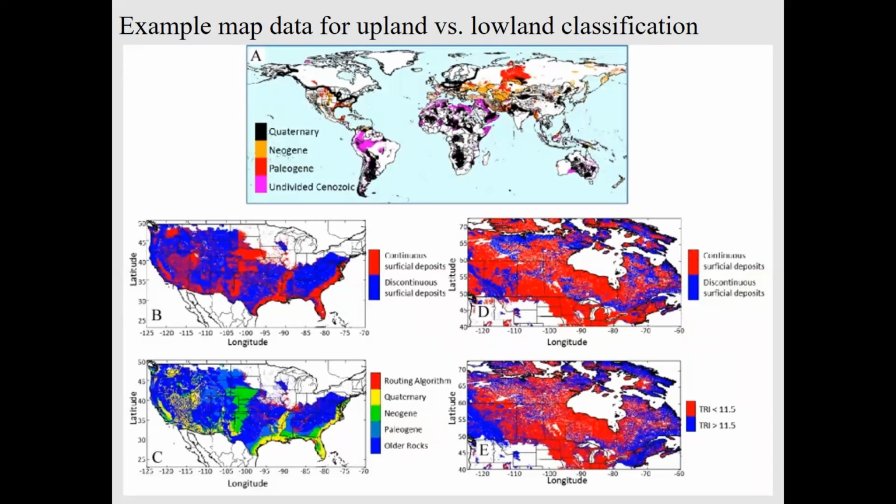So these would be the thick sedimentary deposits of the Chaco foreland, for example, in the Andes, which represent a huge foreland basin deposit, thick deposit of relatively unconsolidated alluvial deposits in South America.